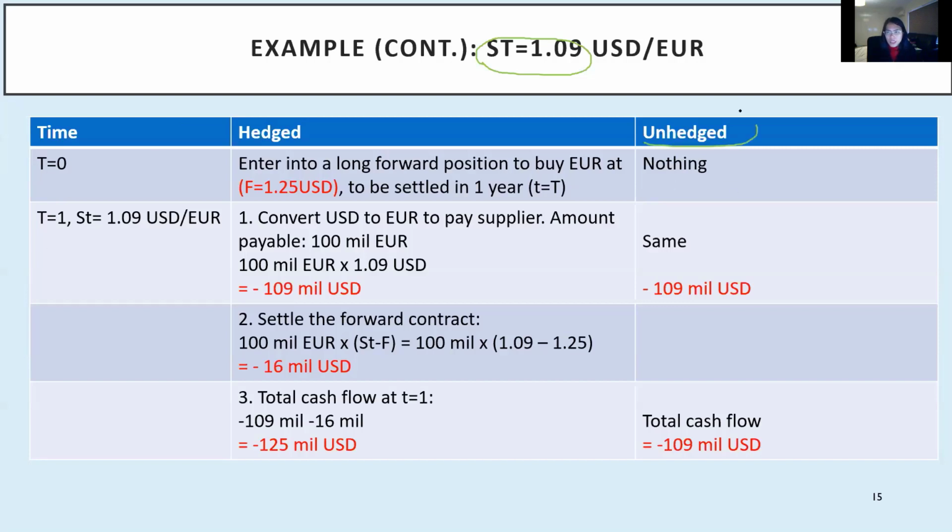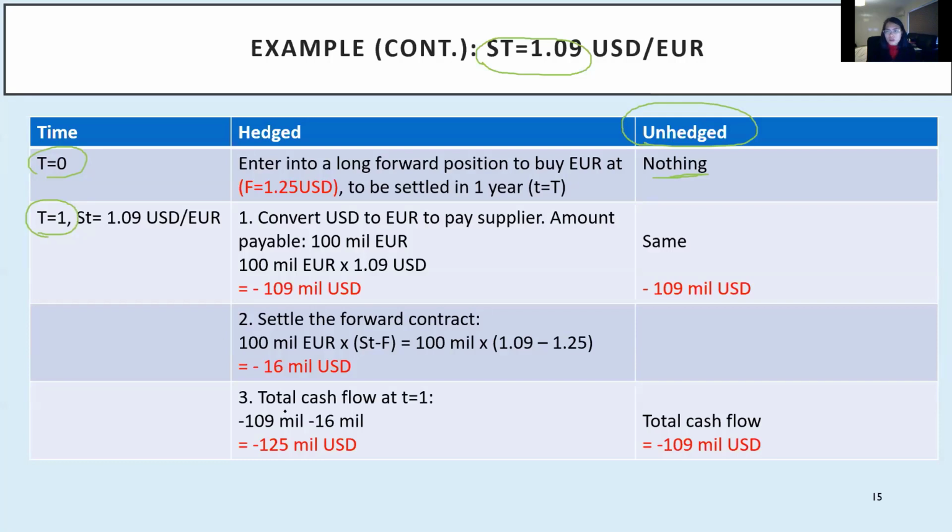So with my unhedged position, I'm going to look at it first. As we mentioned before, at time 0, we are going to do nothing here. At time 1, when the time comes when I have to pay my Italian supplier, I'm going to go to the exchange market and convert my USD into 100 million euro.